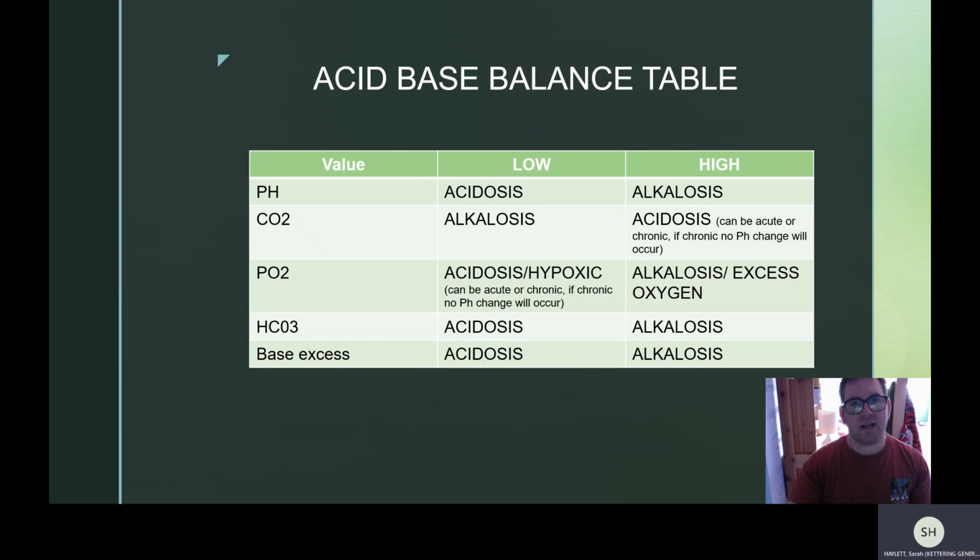So this is just a little acid-base balance table. Obviously pH low is acidosis, high is alkalosis. Carbon dioxide low generally causes alkalosis, high causes acidosis. The low is usually secondary to hyperventilation.